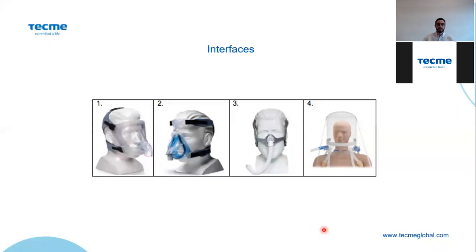So the mask you are using has to be the closed one. There are many masks with a leakage port. Those masks are not working in our ventilators because the system tries to be a closed system. Okay, and we have a two limbs circuit.